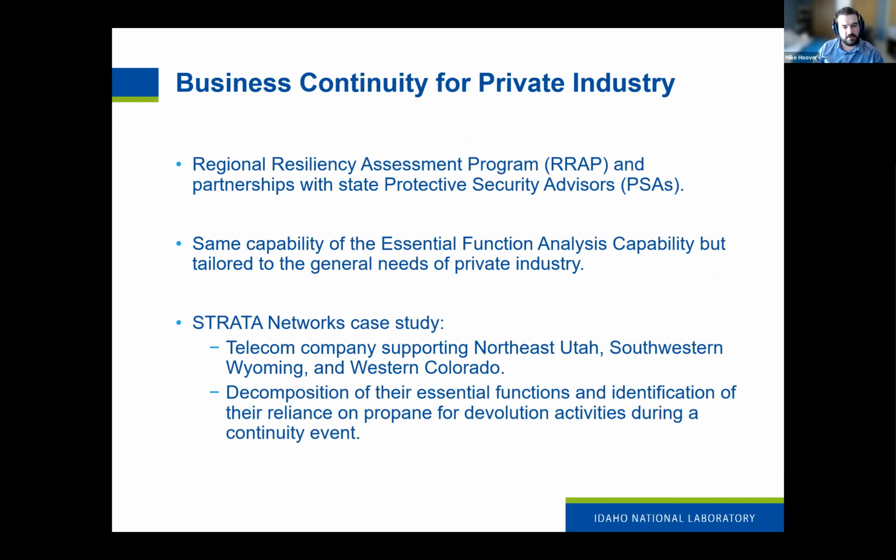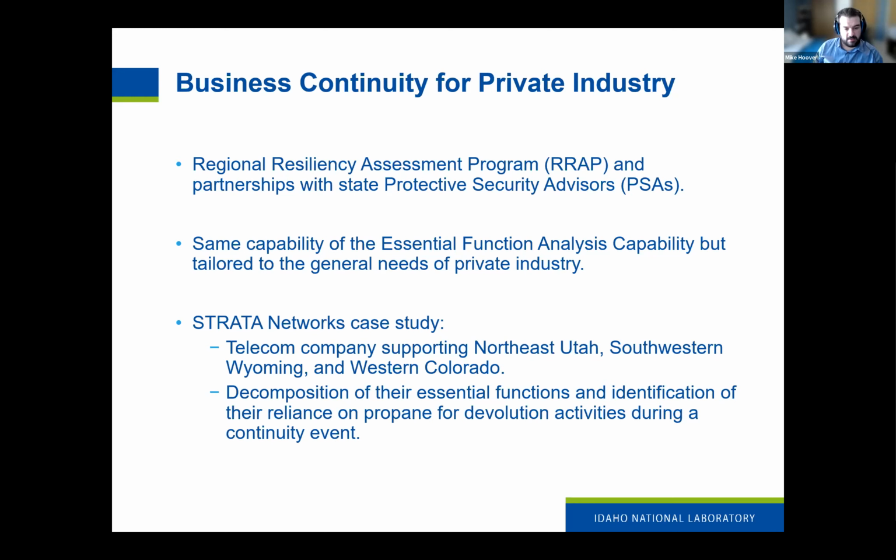Rather than having very structured essential functions, we let the users of our application decompose their essential functions however they want. And there are other key changes that we've made to the methodology that are specifically applied to EFAC, business continuity.